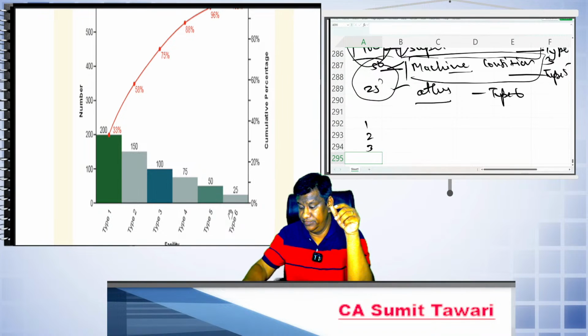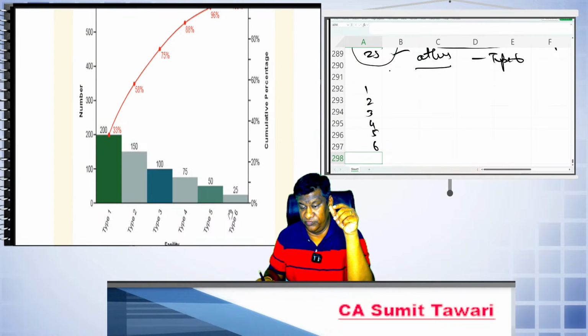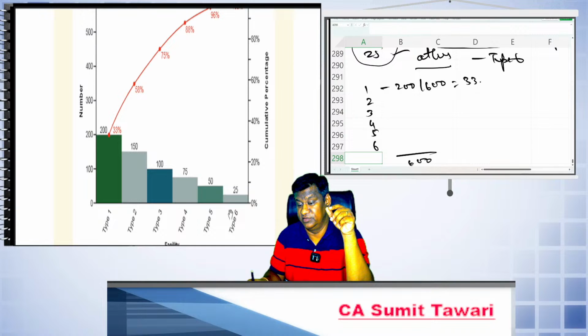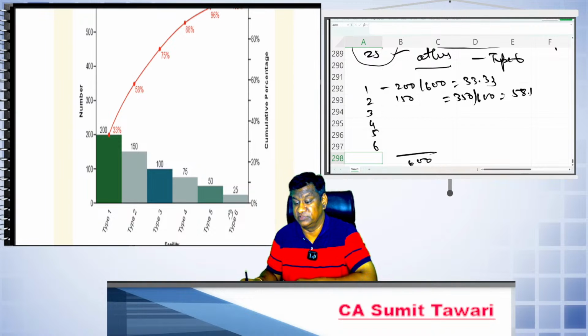Type 1, 2, 3, 4, 5 and 6. So type 1 is basically 200, and all together it is 600. So 200 divided by 600 is 33%. After that there is 150, but it is not 150 divided by 600; it is the cumulative 350 divided by 600, which is approximately 58%. After that there is again 100, so it is 450 divided by 600, so cumulative it is 75%.